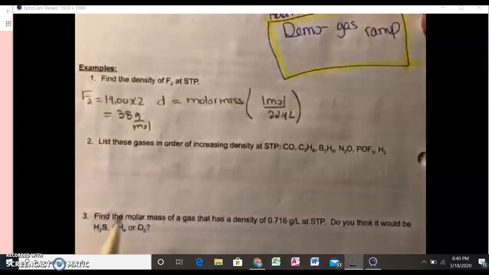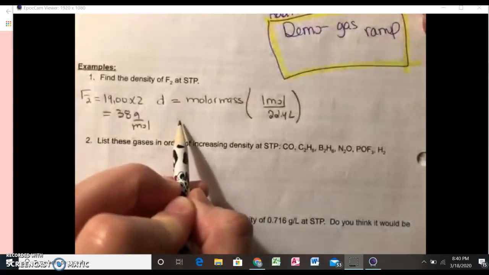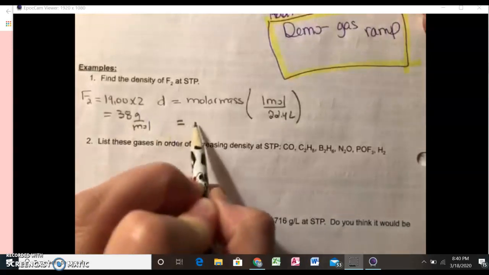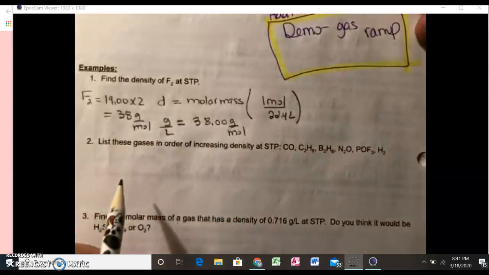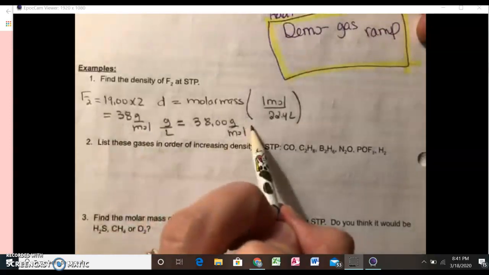I just want to show you why this works. If our density equals molar mass, we have 38.00 grams per mole. And remember that density is really going to be grams per liter. It's a mass per liter type of measurement.